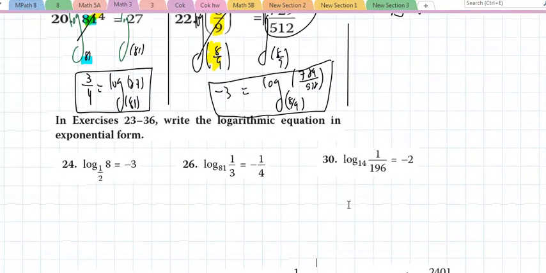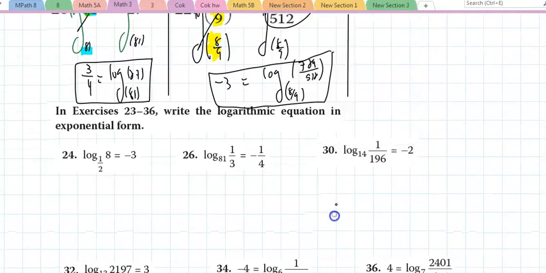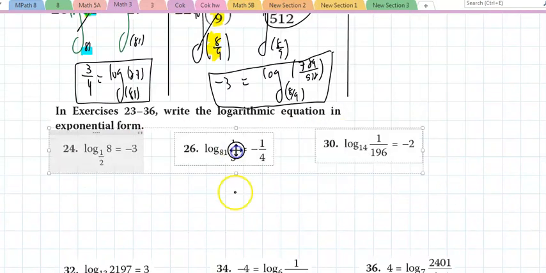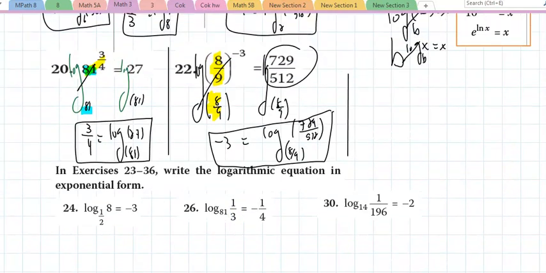The next set of problems states, well, write the logarithmic equation in exponential. So I'm doing what I did over there, and let me show you really quick. If you tell me that a equals 3, just saying, if I want to write this in log form, I could log both sides.